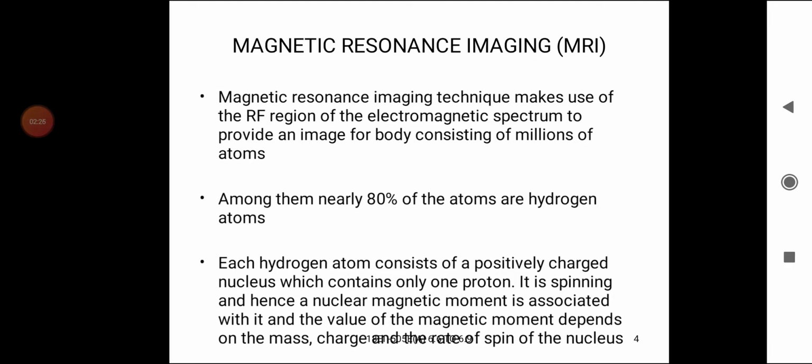Each hydrogen atom consists of a positively charged nucleus which contains only one proton. It is spinning and hence a nuclear magnetic moment is associated with it, and the value of the magnetic moment depends on the mass, charge and the rate of spin of the nucleus.